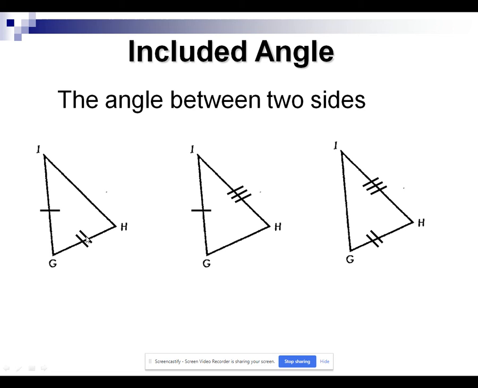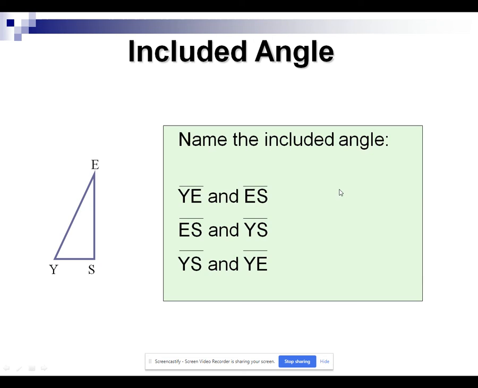In order for it to be side, angle, side, it has to be the angle that is right in between the two sides. So if I have this side and this side, the angle that would have to be marked would have to be G. What about on this one? I've got a side and a side, so if I want side, angle, side, it would have to be I. And then over here, H would have to be marked. So side, angle, side.